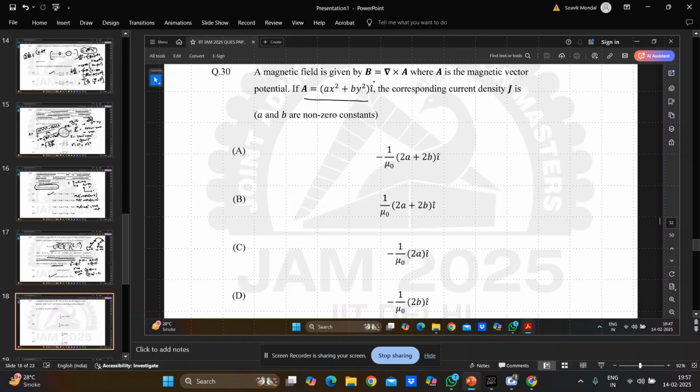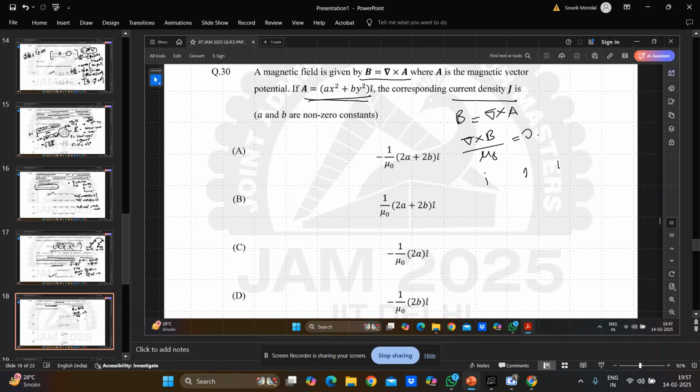This is also straightforward. They already gave the formula of the magnetic field, in the form of a vector, the vector potential, and you have to find the current density. So you basically have to take B equal to del cross A, and del cross B by mu naught is equal to J. This way you can find the J vector.